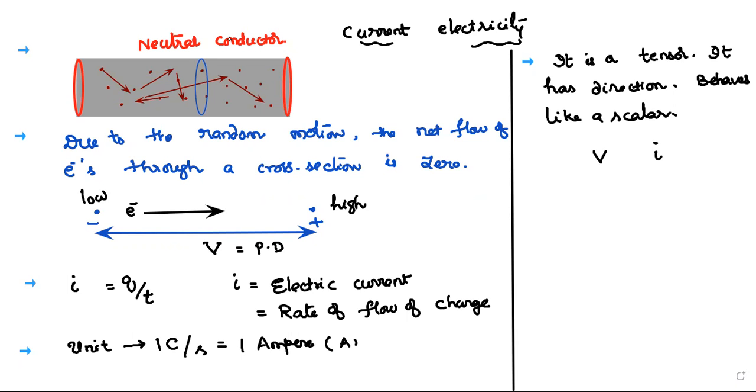Here, this is V. If more potential difference is applied, what happened? You will get more acceleration for the electrons. How do you get the acceleration, sir? The potential difference across 2 points usually develops what? Electric field.